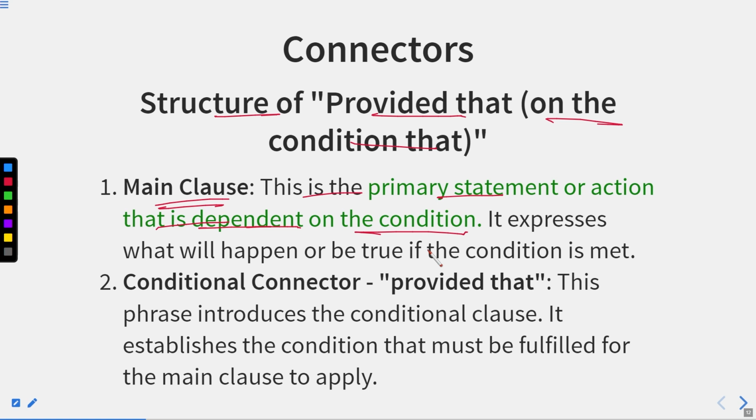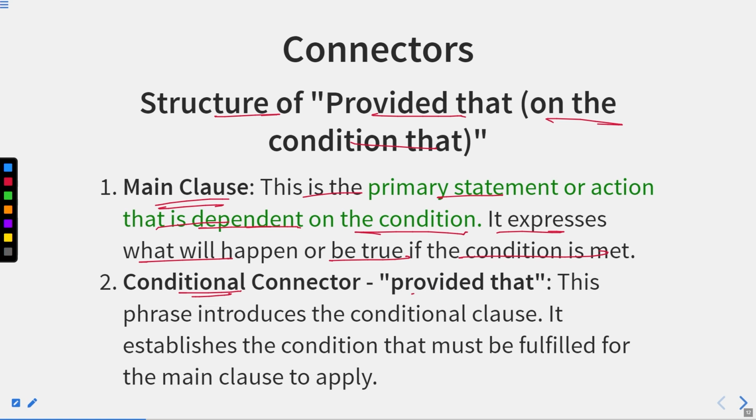That is the main clause. Now, the action mentioned in the main clause depends on the condition which is given in the conditional clause. And these connectors are always followed by conditional clauses. It expresses what will happen or be true if the condition is met.